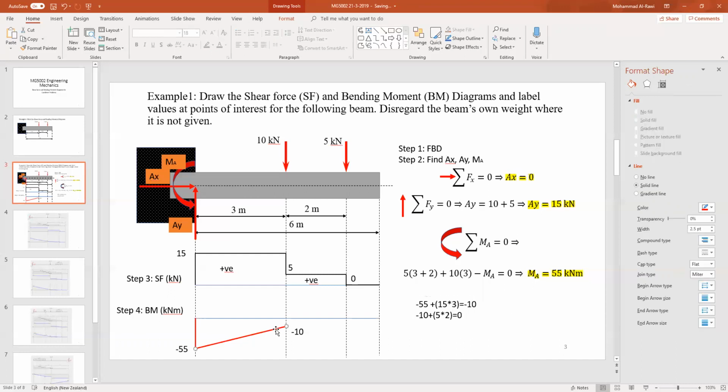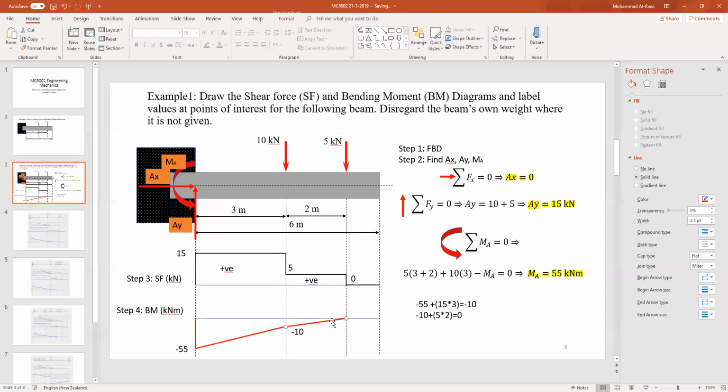Then this one will continue from this point, and we'll go to that line here. But then we need to connect this one slightly, and then we continue with a flat line as well.